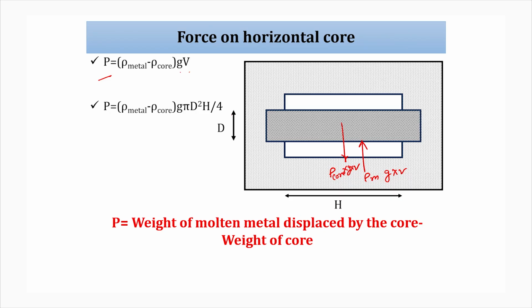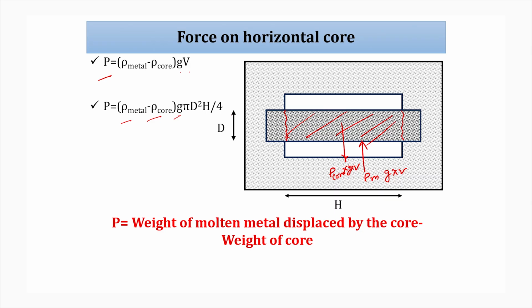So the difference will be rho metal minus rho core into g. What is the volume? The volume will be pi by 4 d square into h, the volume of the material which is exposed to the liquid.